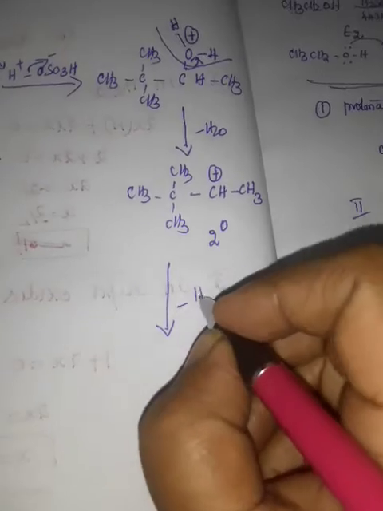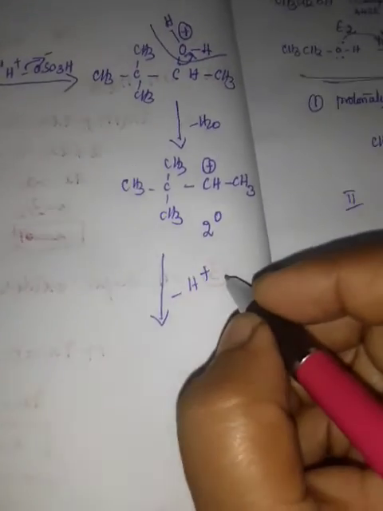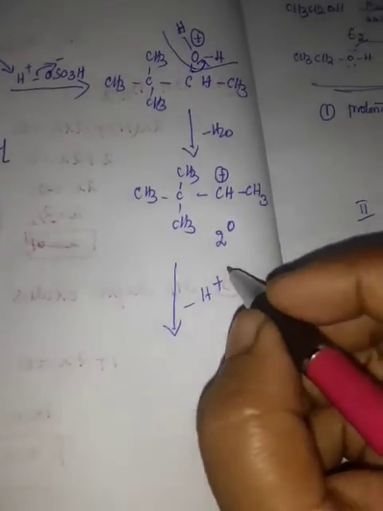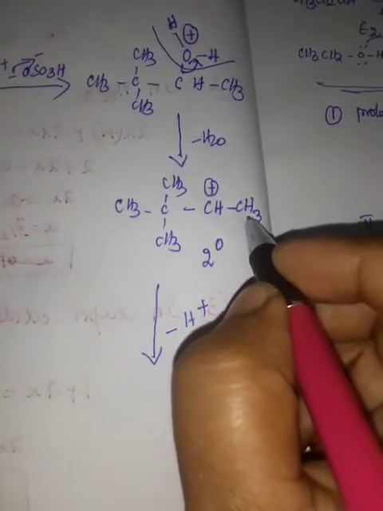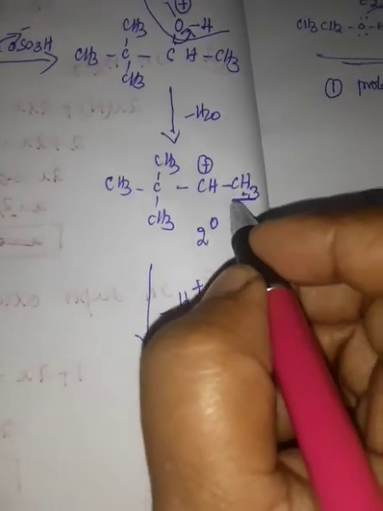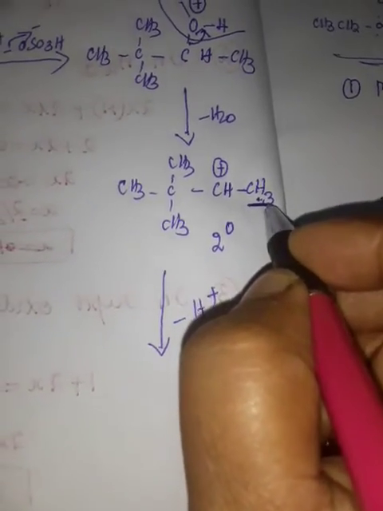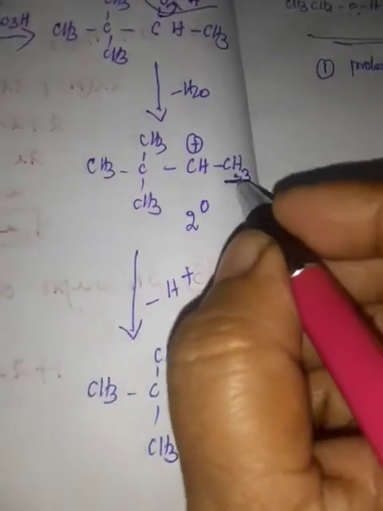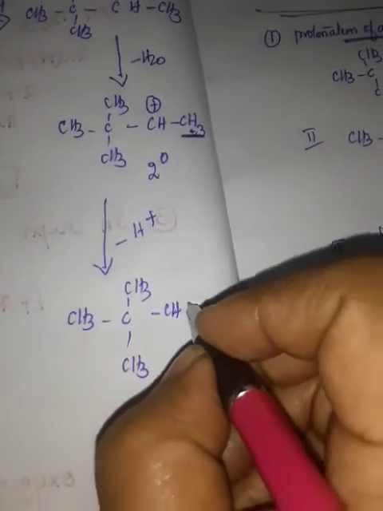And from here, if it removes one H plus, elimination of H plus, suppose it removes one H plus from here, what happens? CH3, C, CH3, CH3, CH, and since one hydrogen is removed from here, it gets a double bond, CH2.